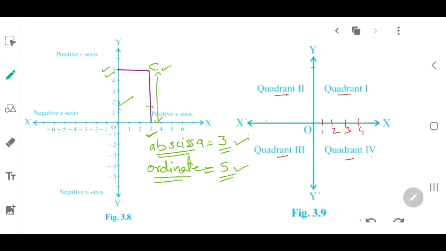And O to X dash has all negative values. Then O to Y will have all positive values, and O to Y dash will have all negative values.